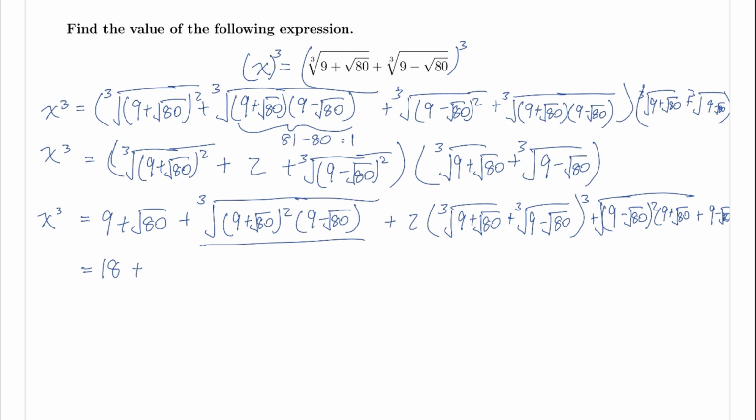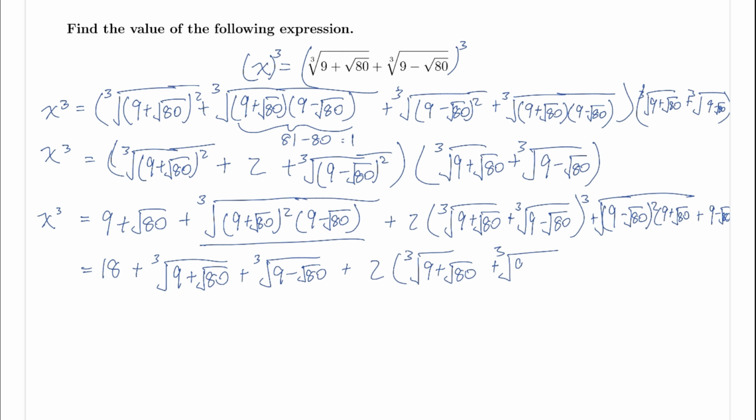So 18 plus the cube root of 9 plus root 80 plus the cube root of 9 minus root 80, and then plus 2 times the cube root of 9 plus root 80 plus the cube root of 9 minus root 80.